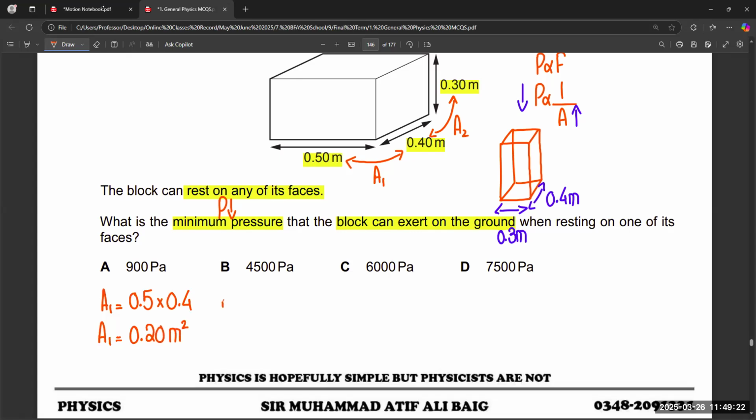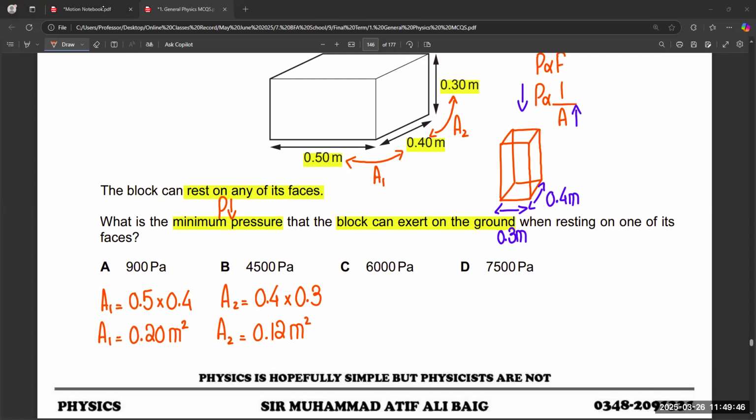And for example, if we select A2, So this is the concept of A2.